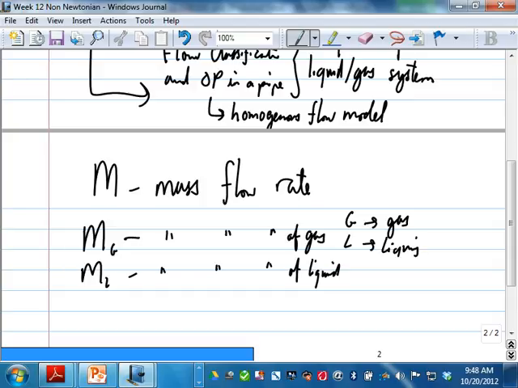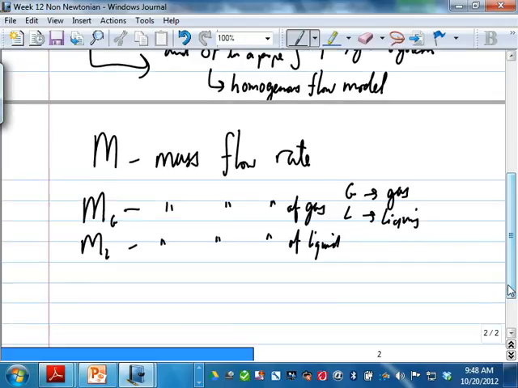So let's keep in mind the velocity may not be the same. V of the gas may not be V of the liquid. Not always the case. Like just now I told you the bubble column, the liquid could be going down, the bubbles could be rising up.